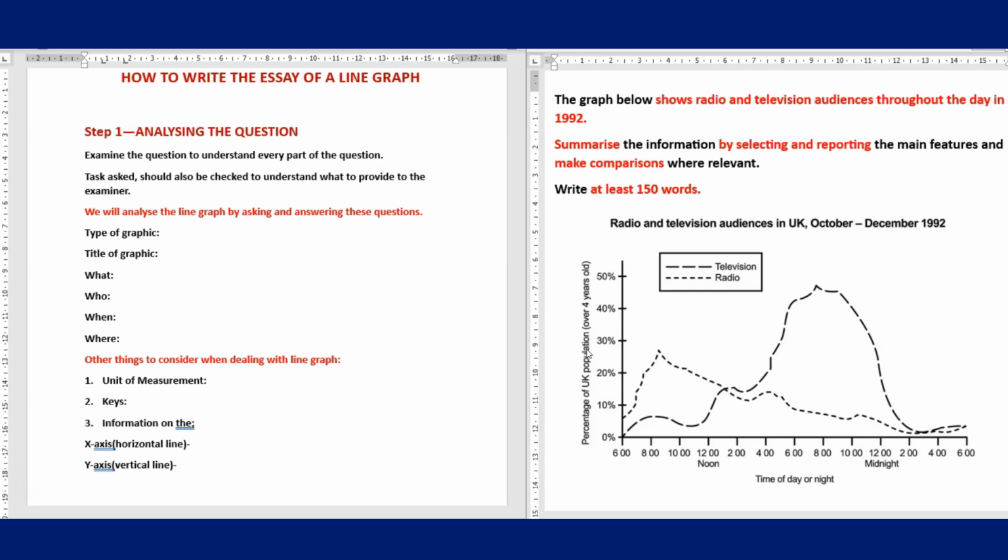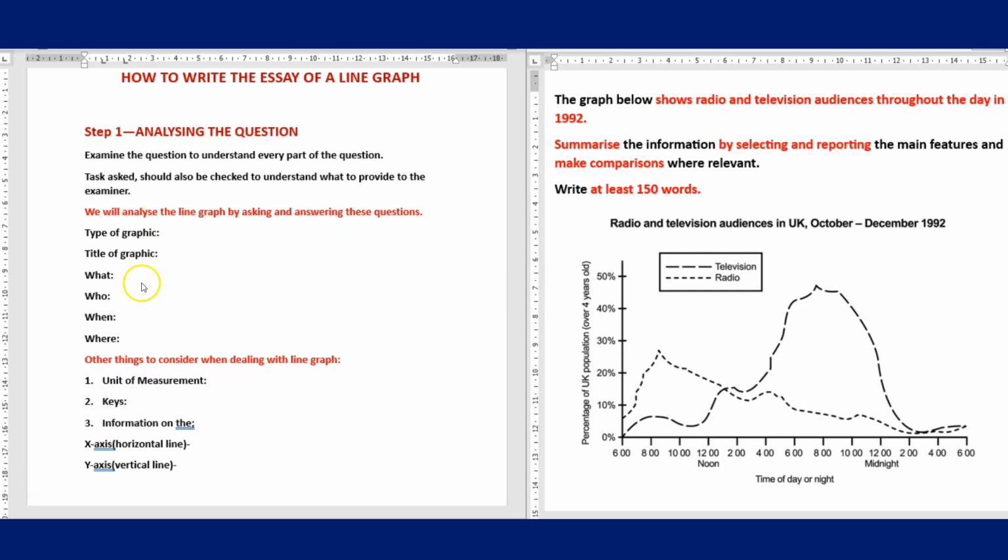So we just counted the proportion of people over 4 years that listen to the radio and also watch television in the UK from October to December in 1992. Okay, so you can see that the more you analyze it properly, the better for you to also summarize and write your introduction.